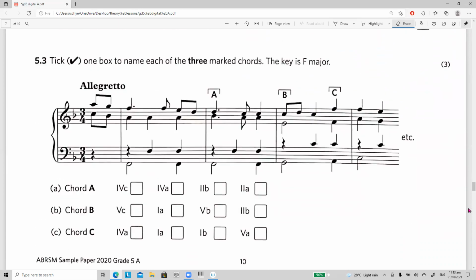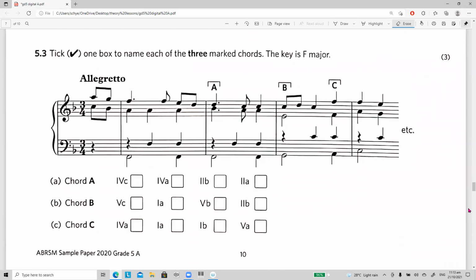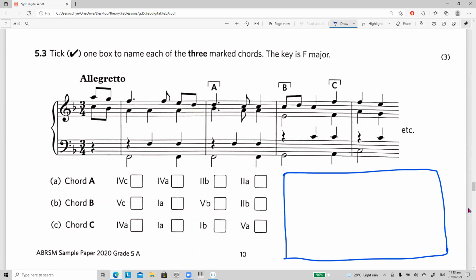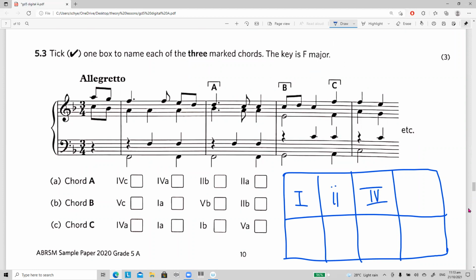Okay, next one. They already tell you this is F major. Chord 1, 2, 4, 5.